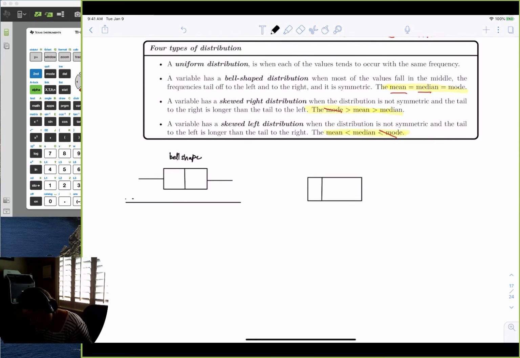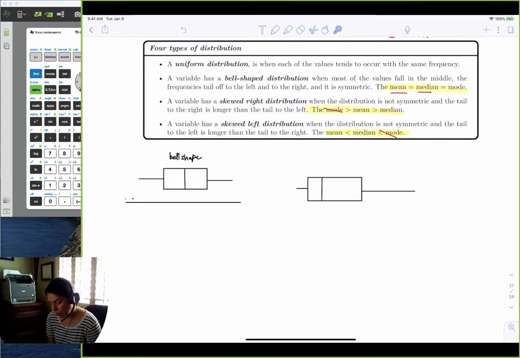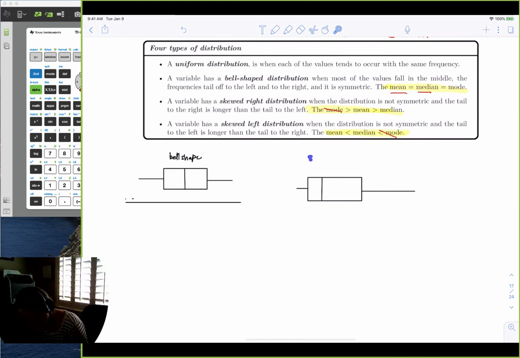It's one of the smallest values, and it's not far from the minimum. And then we have some sort of longer whisker over here to the maximum from Q3. Okay, and this would be skewed right. And of course you have some sort of x-axis here.